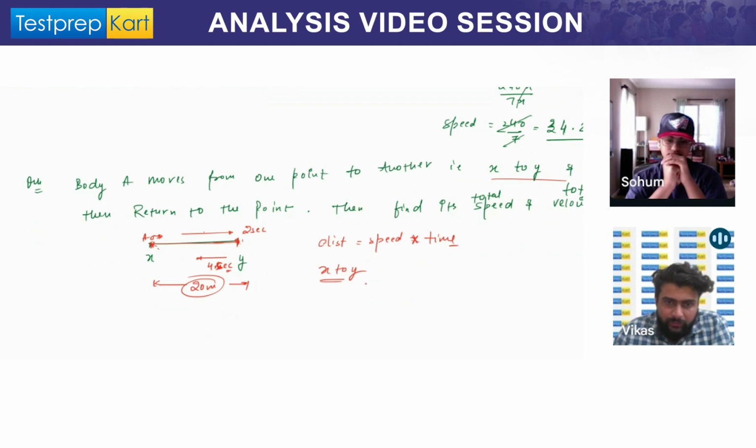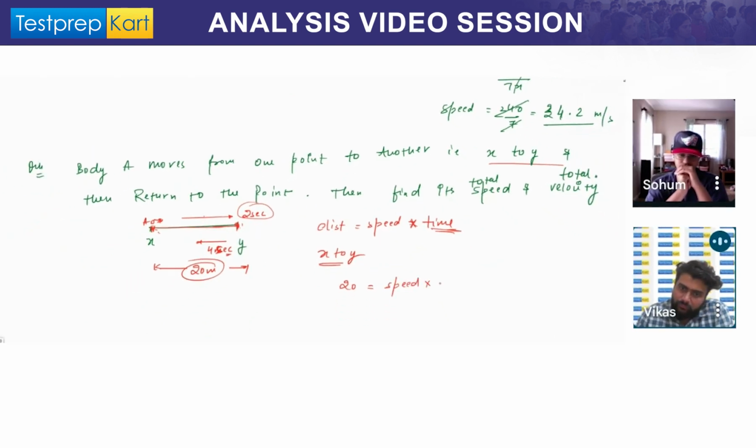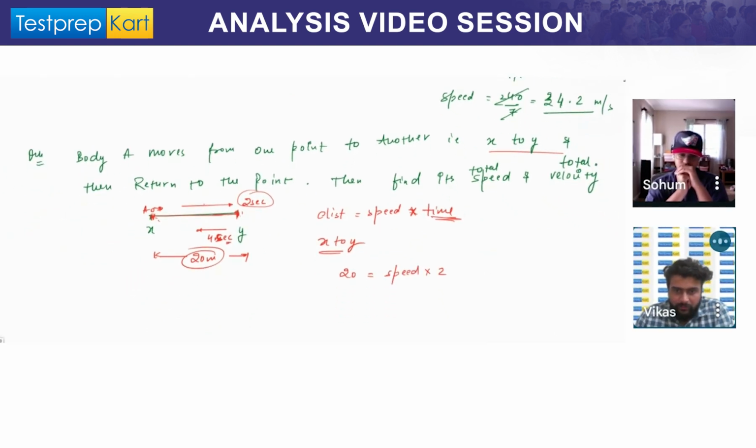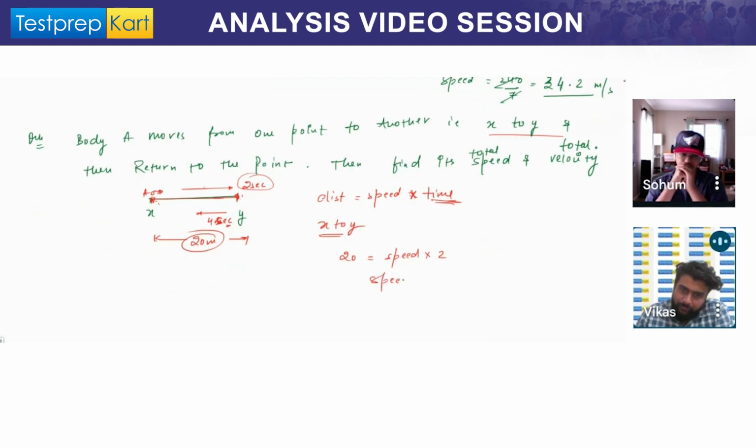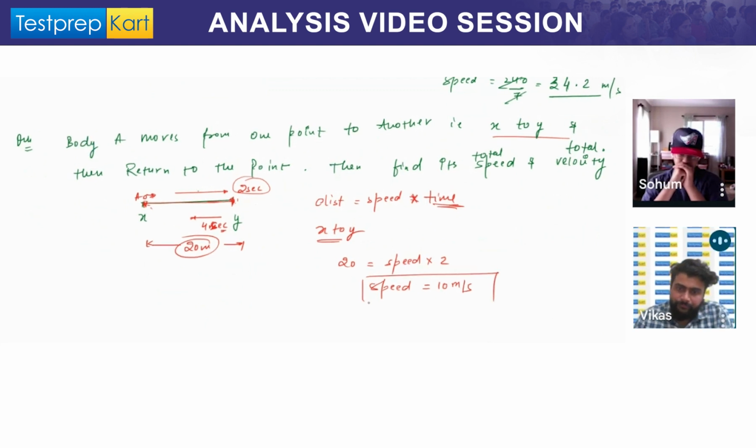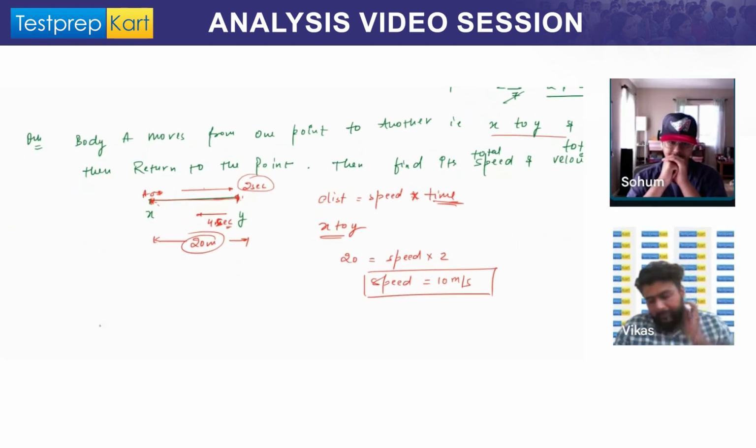If I go from x to y, the distance that I will travel will be 20 and the time that I will spend will be 2. But I'm not aware of the speed, so dividing by 2, I get my speed equals 10. So first thing you get it.